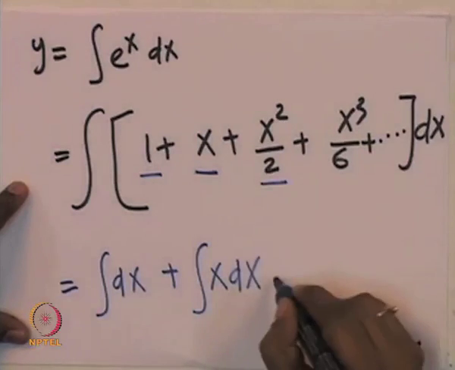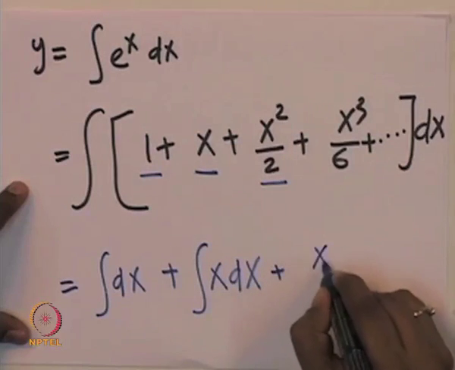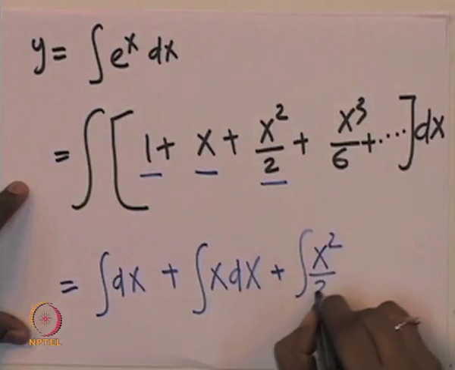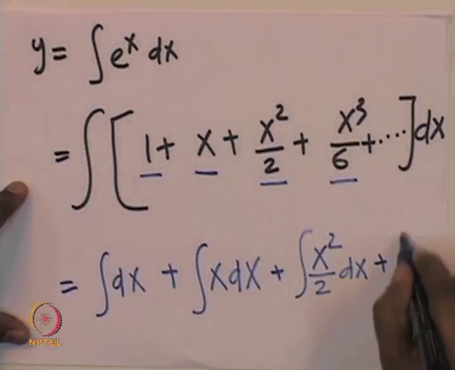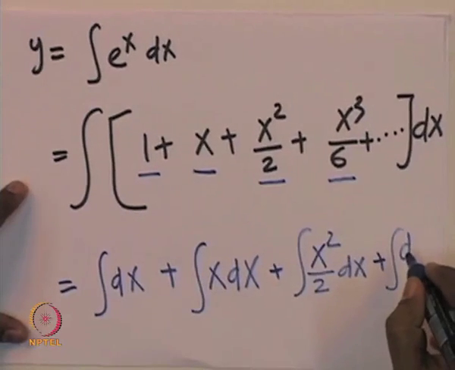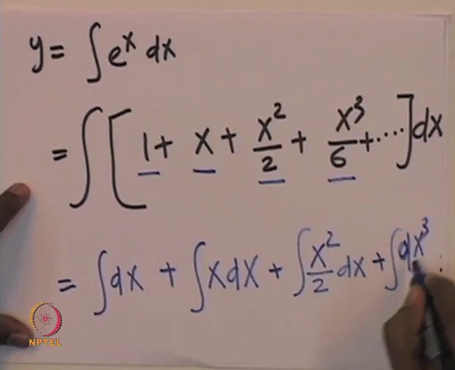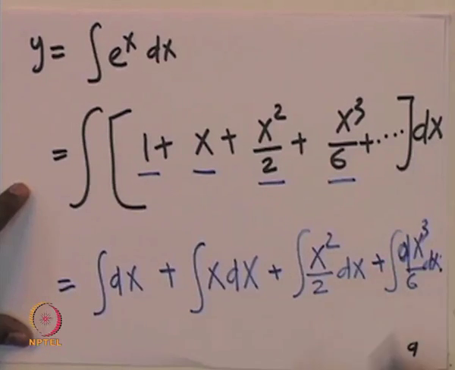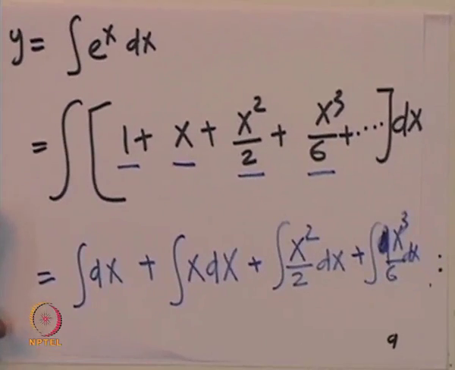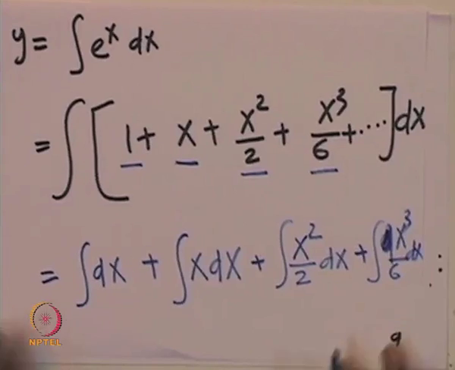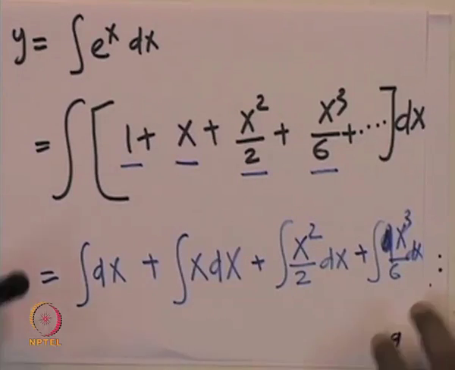The third term is integral of x square by 2 dx, and the next term is integral of x cube by 6 dx. So, these are the terms. If we find the integral of each of these terms, you will get the final answer. Let us have a look at what is the integral of each of these terms.